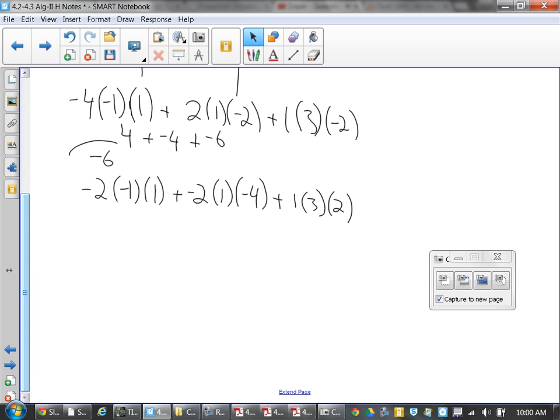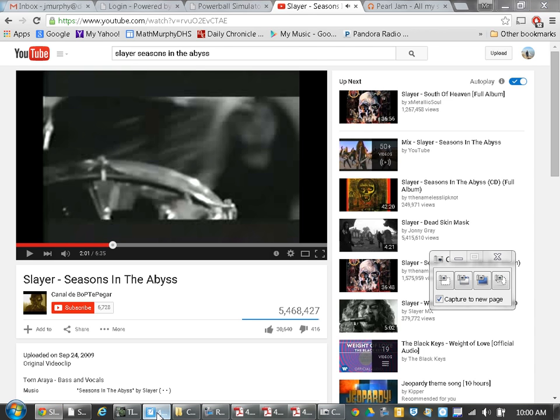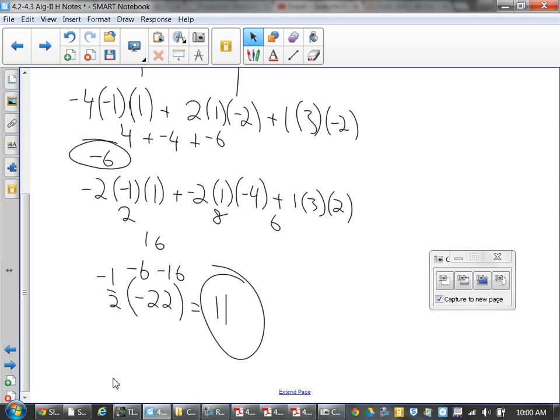So here's my downward. This is 2, 8, 6. I did this twice in a row. You get 11? Oh, it's positive. I put the negatives in the wrong spot. It makes you go crazy with this music.